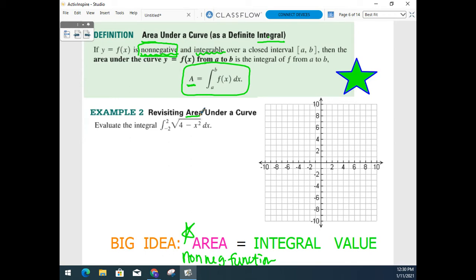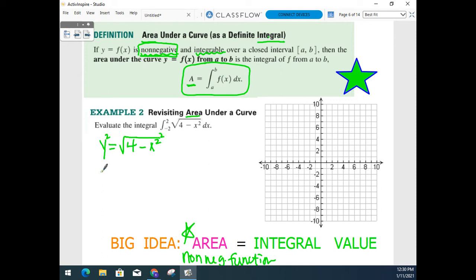We've talked about antiderivatives, but this is not one we want to use an antiderivative for. So we're going to use area. So first of all, what does the square root of 4 minus x squared, what is that as a graph? All right, I don't know if this will help some of you.